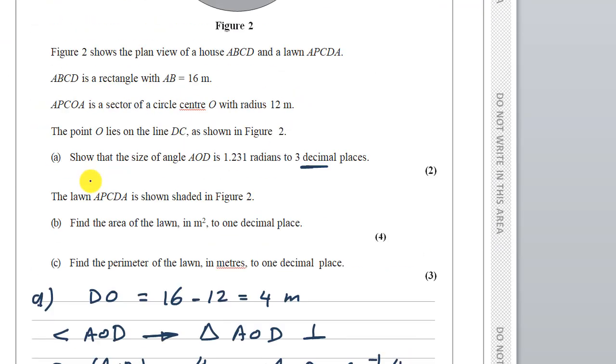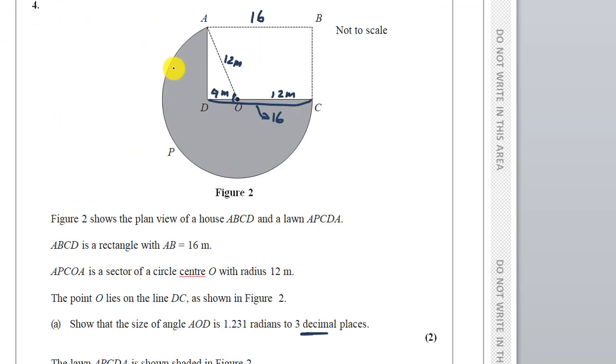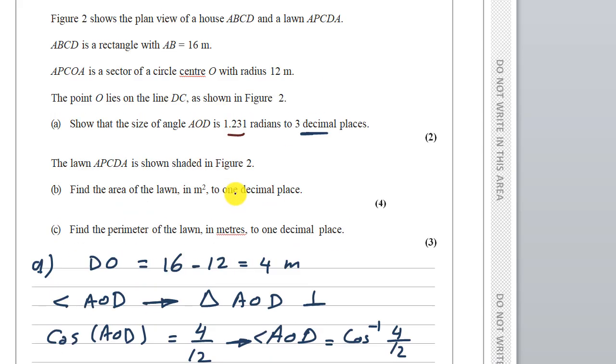Now the sector. The whole sector, this angle, which is the angle of the sector, is equal to pi plus the angle that we calculated here, which is 1.231.